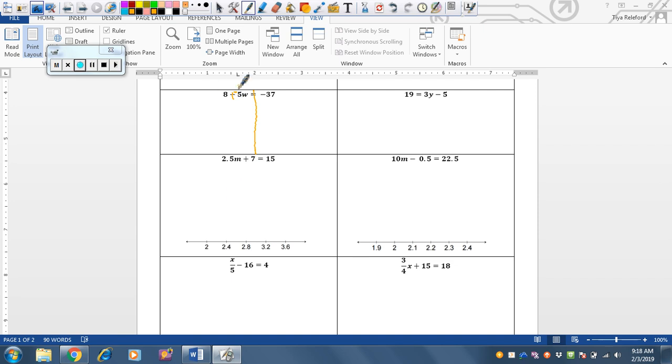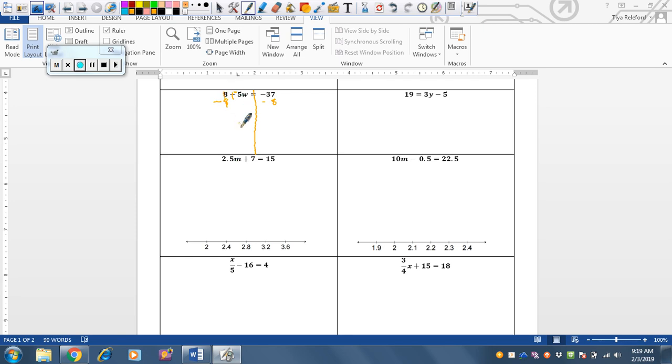I have 8 and negative 5. Which one is being multiplied? Five is being multiplied, so that means 8 is the adder or subtractor. So I have to move 8 first. Is this a positive 8 or a negative 8? It's positive. I don't see a negative in front of it, so we're going to minus 8 from both sides.